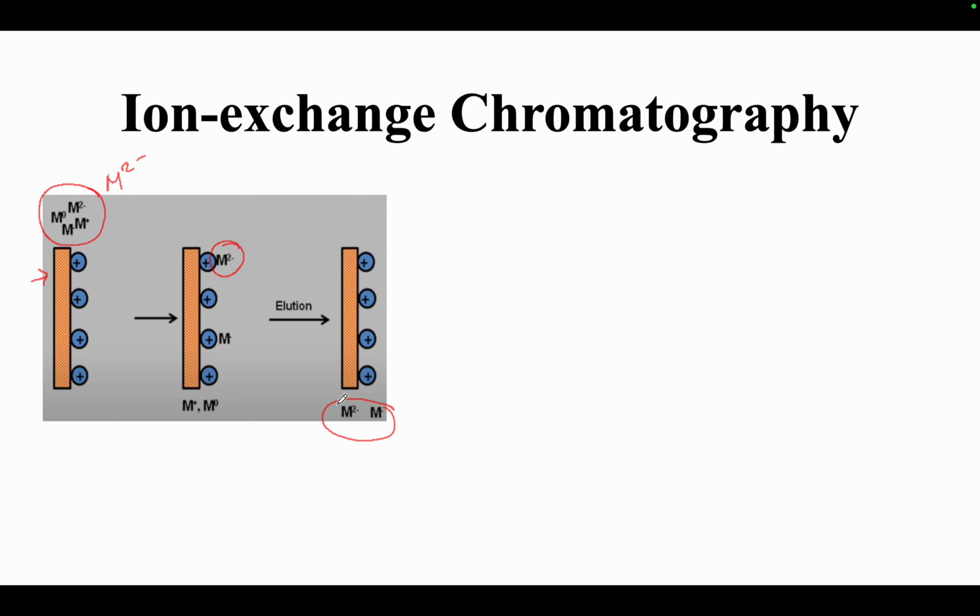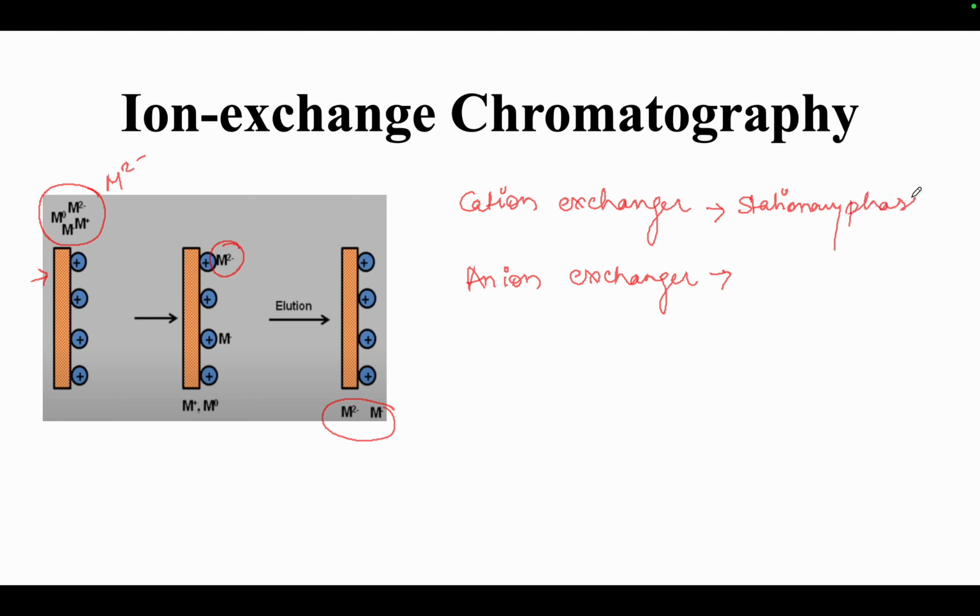In ion exchange we have two types, cation exchanger and anion exchanger. So what is a cation exchanger? The matrix of the cation exchanger, that is the stationary phase, will be negatively charged.